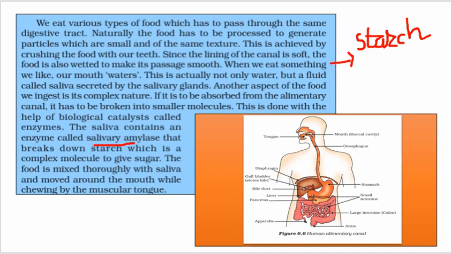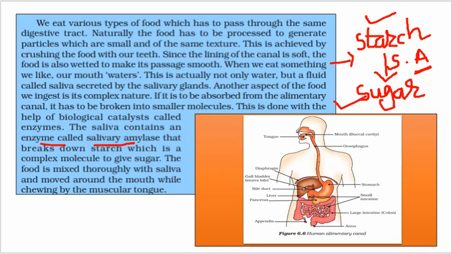Here you can see the salivary amylase enzyme breaking down the starch into sugar. So the starch, which is the complex food, converts into the simple food with the help of the salivary amylase enzyme. Clear?